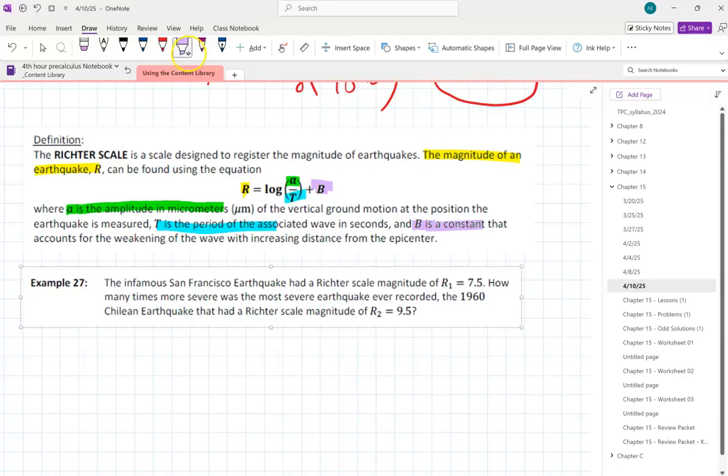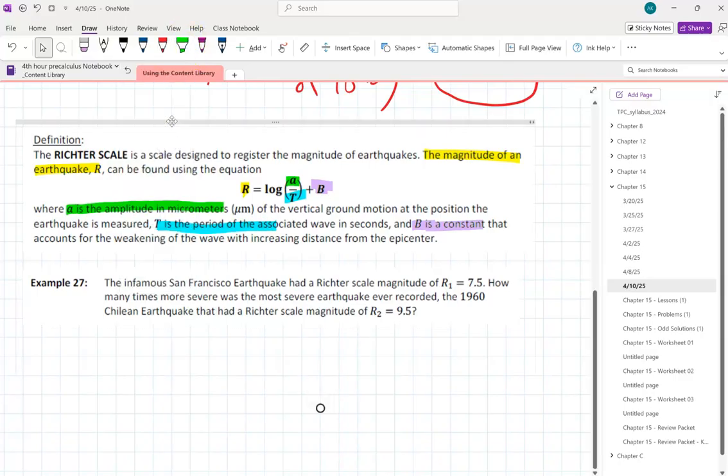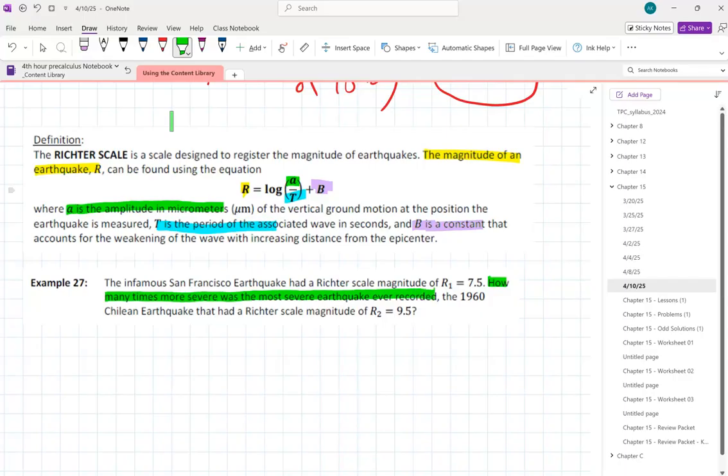So when I read this, it's asking me how many times more severe was the most severe earthquake that was ever recorded.